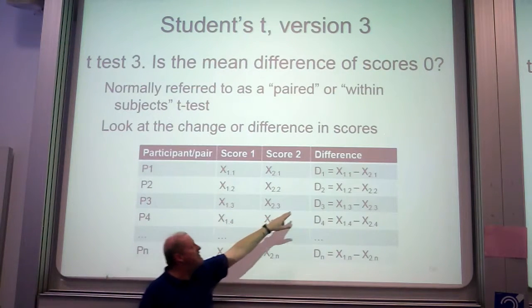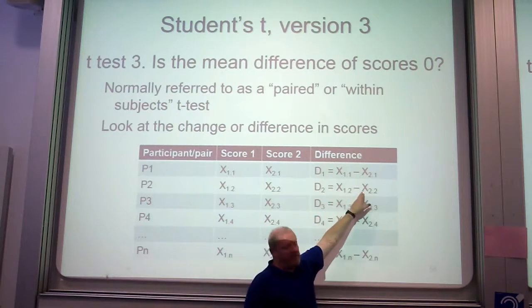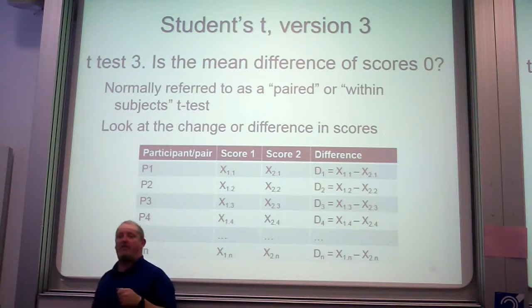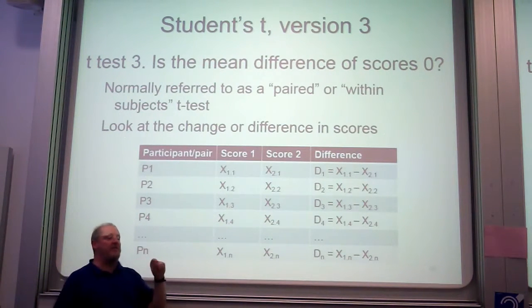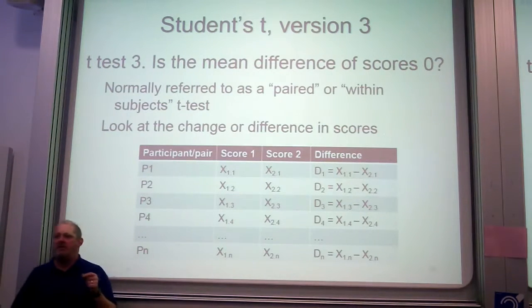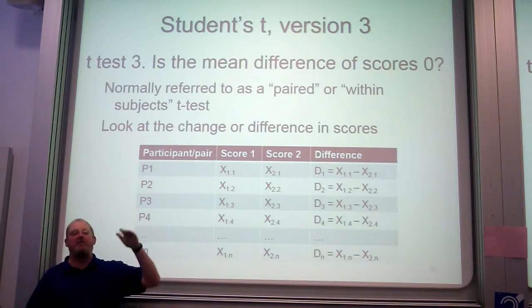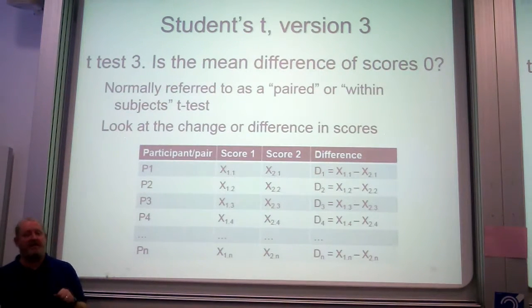What we're asking is, is there a systematic difference score? Which means now that each participant starts off with a hypothesized difference of 0. So it doesn't matter what the differences are between participants, we've removed that effect. I'll be coming back to that in next week's lecture.